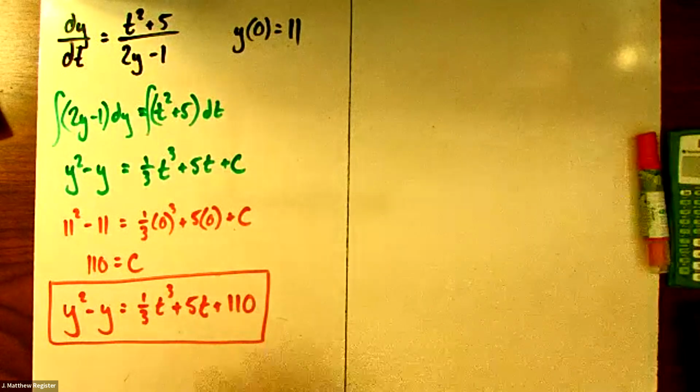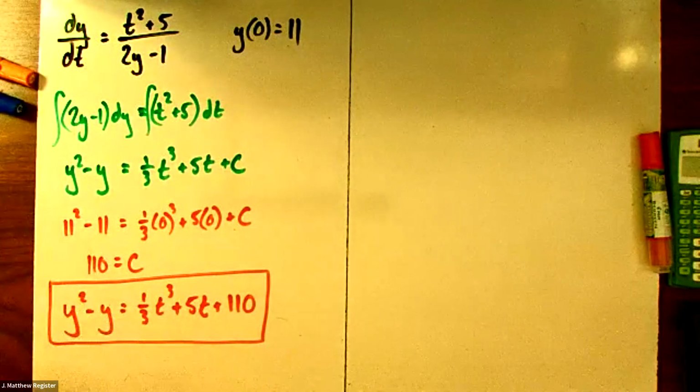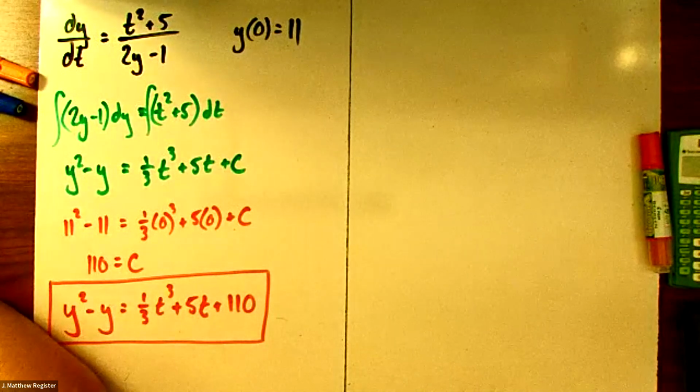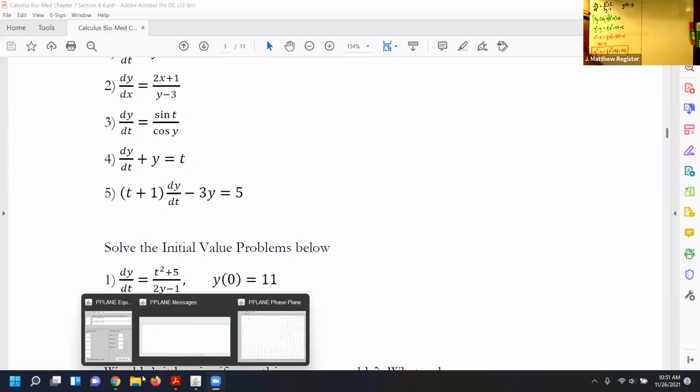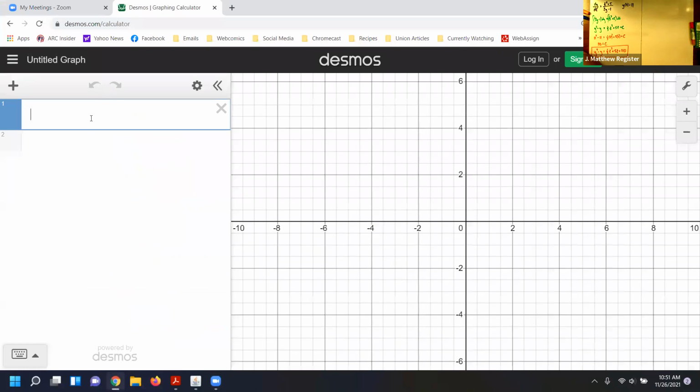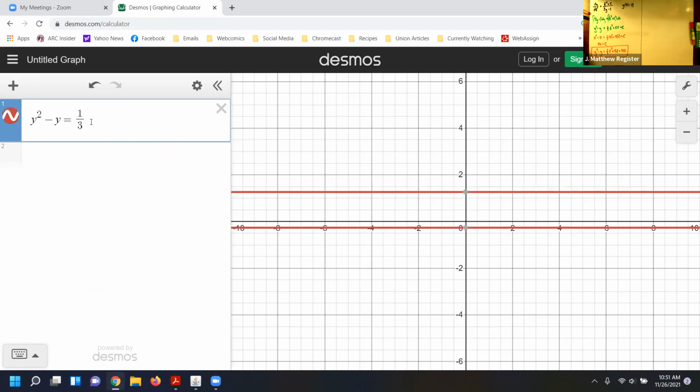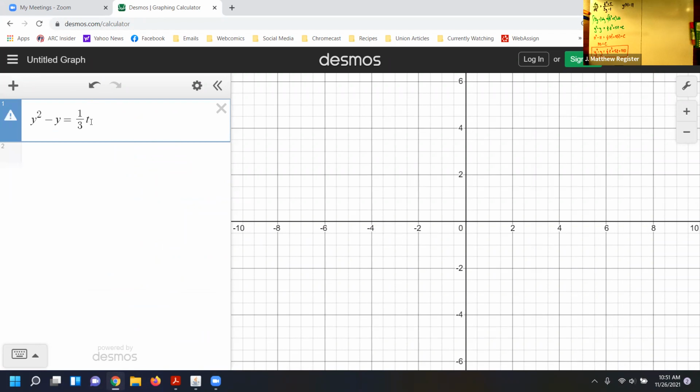In fact, if you want, we could graph this curve using our good friend Desmos. Let's see what that solution curve looks like. Let's share the screen and go to our good friend Desmos. Y squared minus y equals 1/3 t cubed plus 5t and then plus 110.